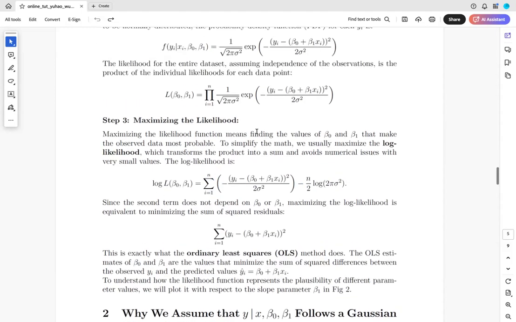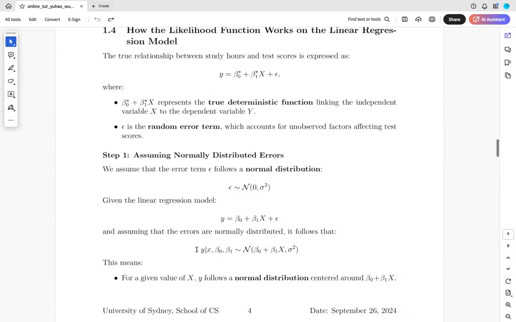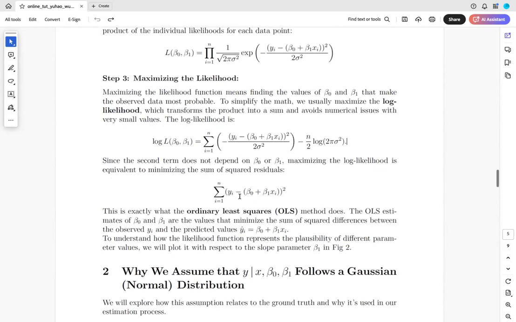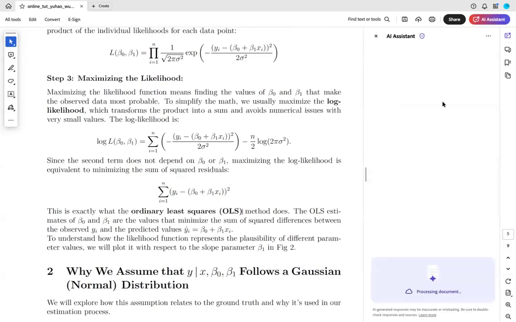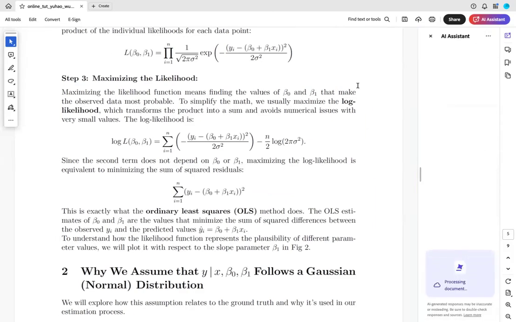And for this case, you assume the normal distribution, and the final result is also a least square loss. So actually, these two things are the same. They are the same.